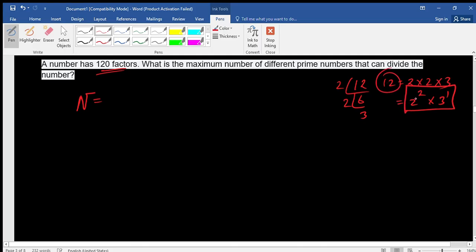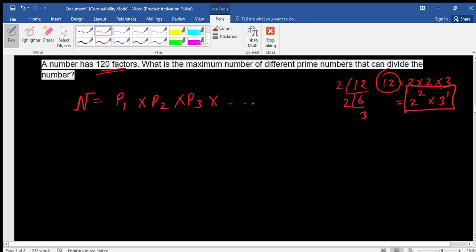Now if you do the prime factorization of any natural number, that means the number is greater than 0 and an integer, it will be like, let's say p1, this is a prime number, and p2, this is also a prime number, p3, this is also a prime number.